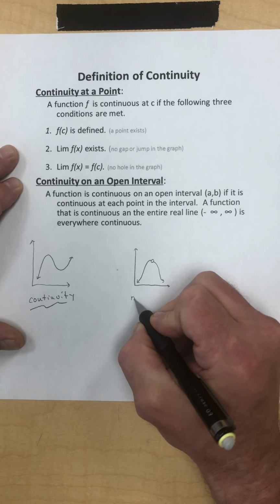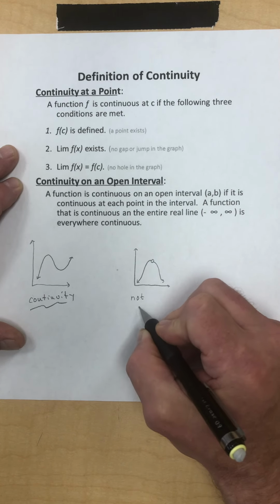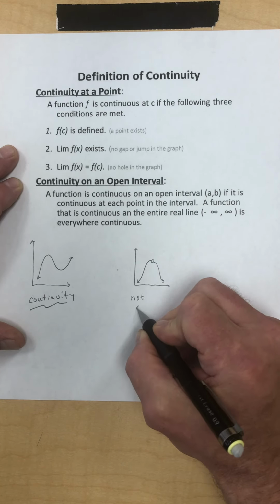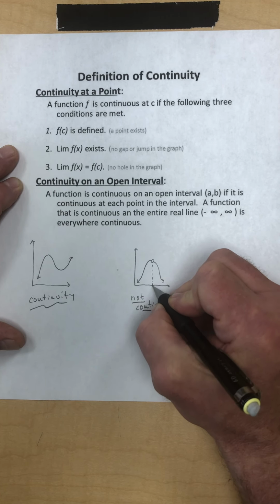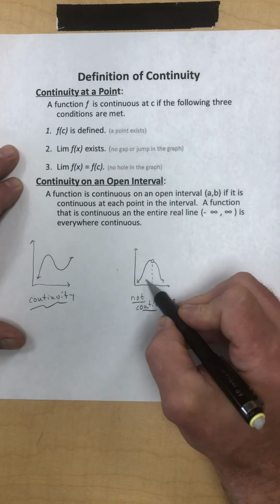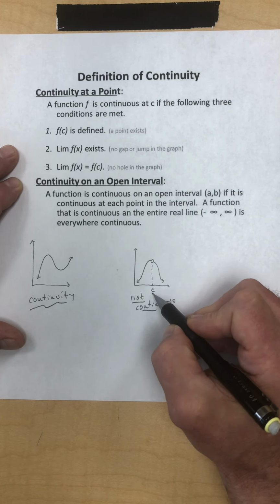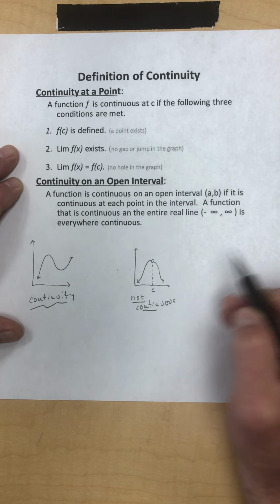So this would not be continuous right here, at whatever that point is. If that point is some c, it might be continuous everywhere else, but it's not continuous at c.